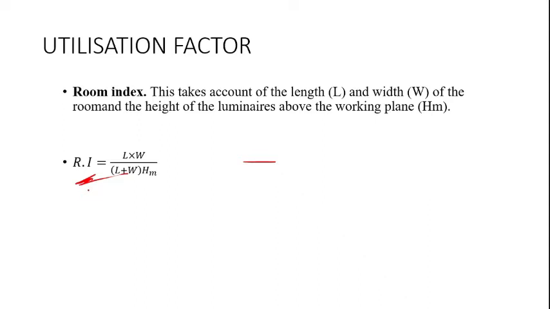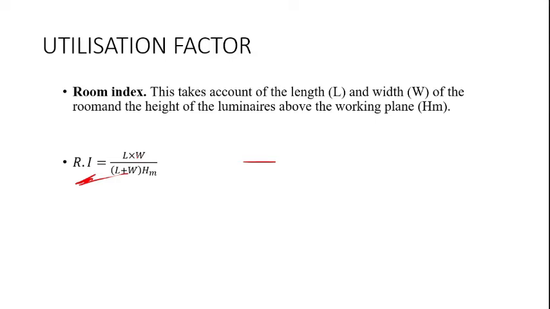Maximum performance means a high uniformity ratio for a specified room index. That means a room with such and such length and width can be illuminated more effectively using this luminaire. That is what the manufacturer will tell you.